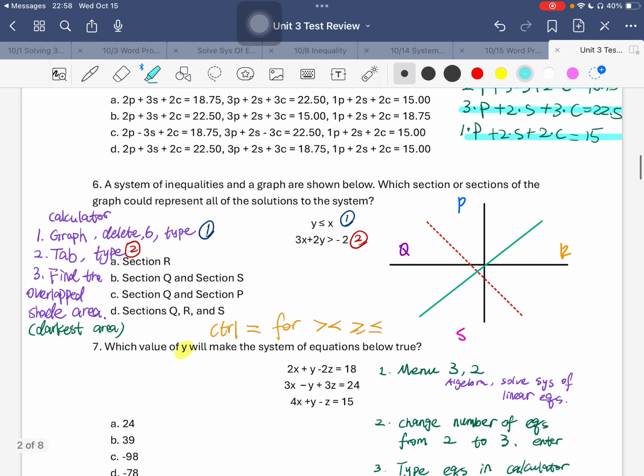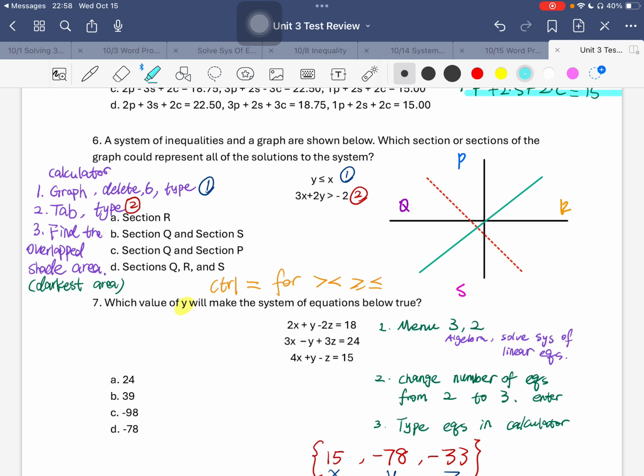Now question 6. A system of inequality and a graph are shown below. So it asks you to graph the inequality on your calculator first and tell me which section has all the solutions to the system.